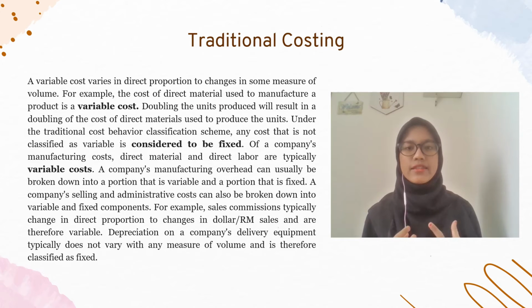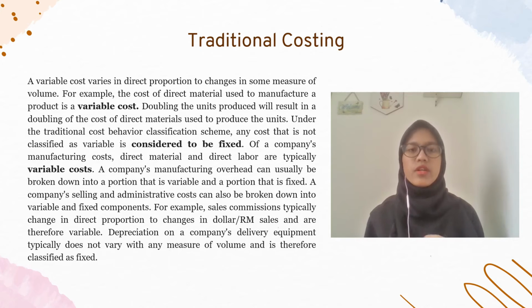I will explain first about the traditional costing. A variable cost varies in direct proportion to change in the measure of volume. For example, the cost of direct material used to manufacture a product is a variable cost.